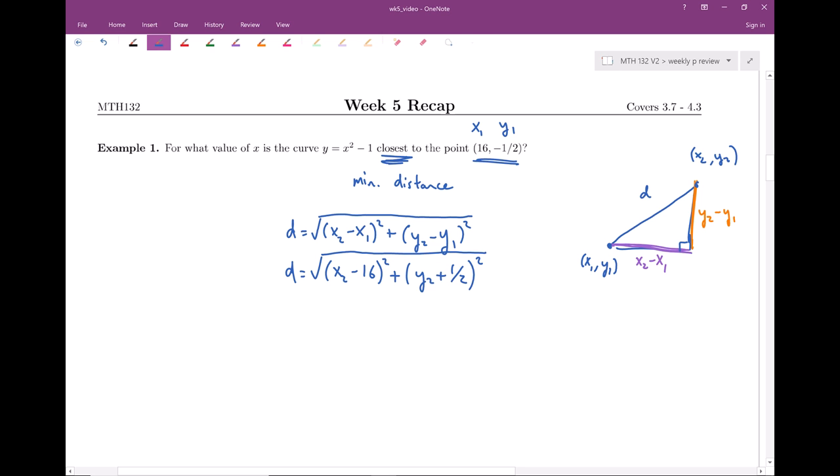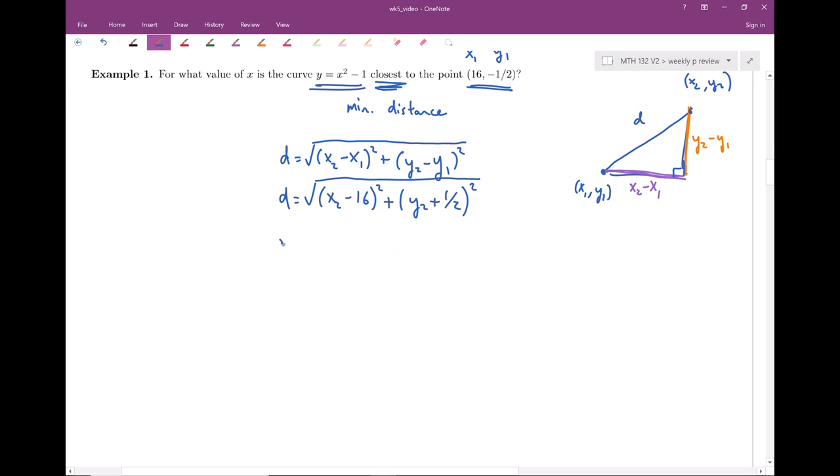That point is fixed, and then the other point is not just anywhere in space or in the plane. It's on this curve, so we know that the x and the y are related to each other. So I'm just going to rename x2 as good old x. So x is a point on this curve.